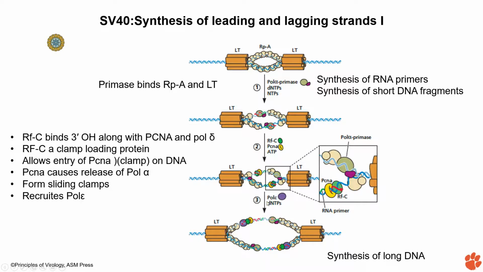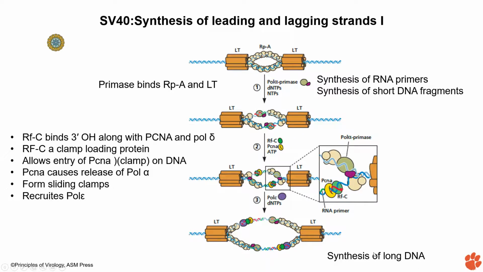First, Pol epsilon is basically recruited, and Pol epsilon will make the continuous strand. Remember that Pol epsilon is responsible for making the continuous strand, the leading strand. That's basically what Pol epsilon is doing, the synthesis of long DNA.